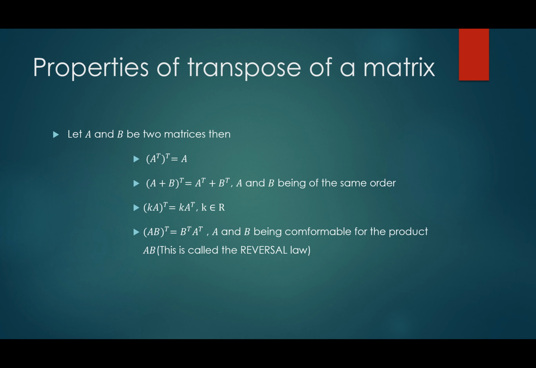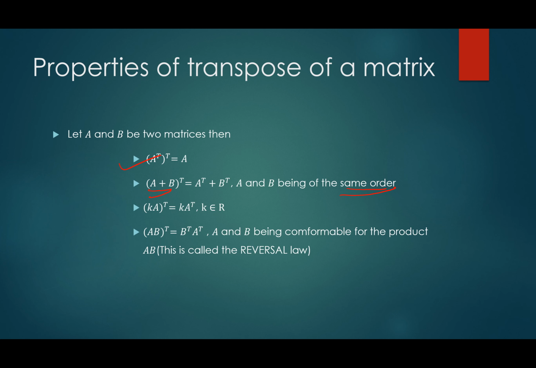Now these are the properties of a transpose, which are also important for JEE. Property number 1: the transpose of a transpose gives again the original matrix. Now suppose I have two matrices of the same order. Remember, they must have the same order, because if the orders are not the same, addition is not valid. Hence for matrices A and B having the same order, (A plus B) transpose can be written as A transpose plus B transpose.